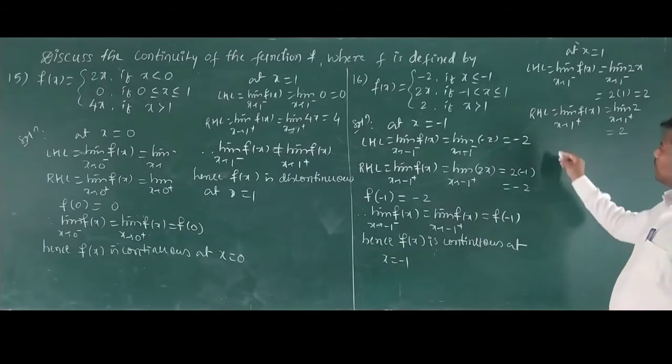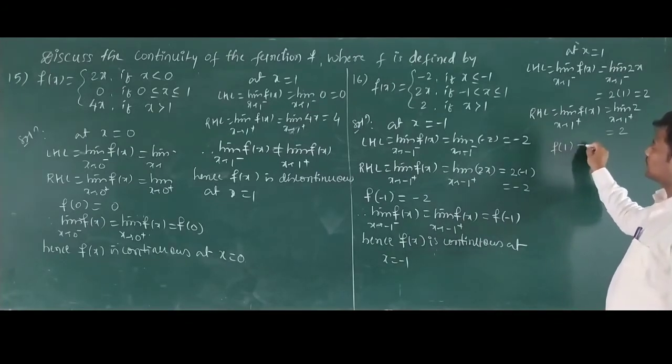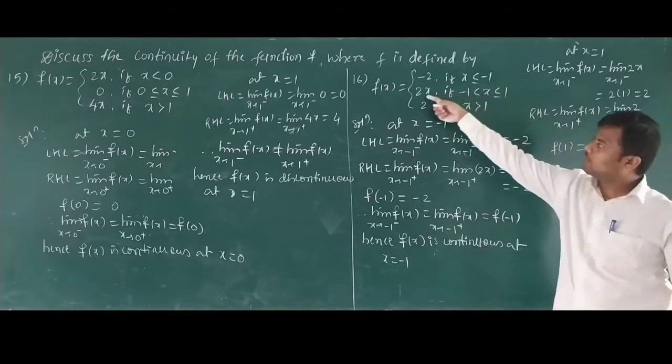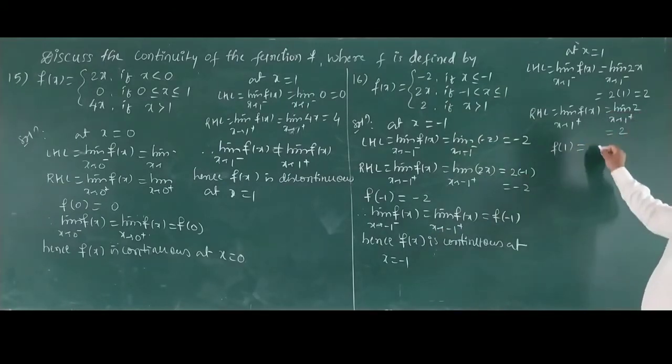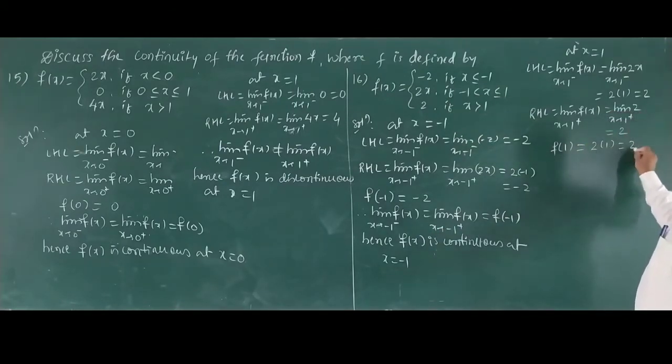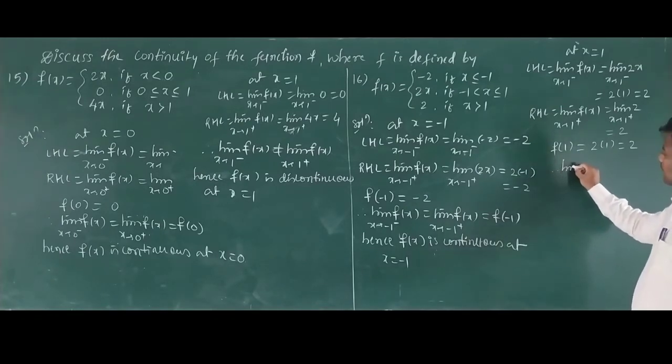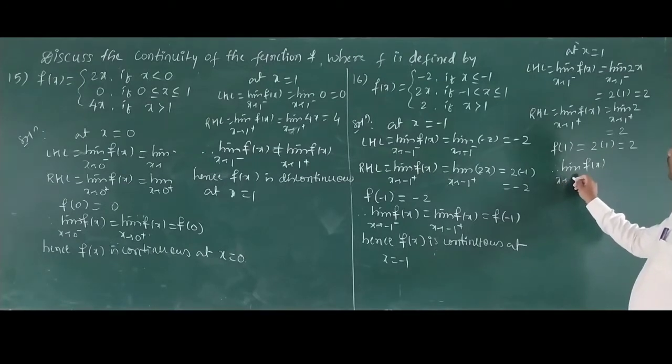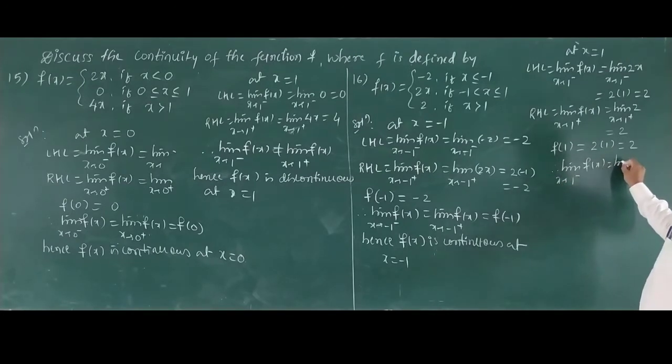Then what is the value of f of x at x equal to 1? At x equal to 1, the value is 2x, that is 2 into 1, which is 2. Therefore, the limit of f of x as x tends to 1 minus is equal to the limit of f of x as x tends to 1 plus, equal to f of 1.